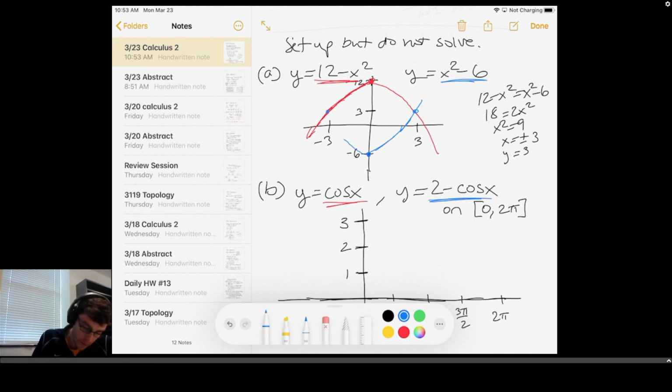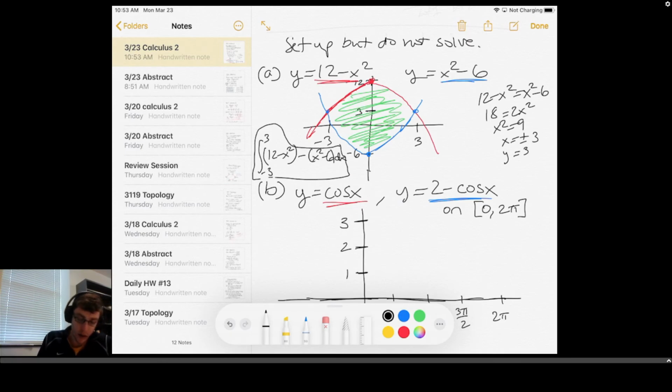So we get this nice picture, and our area is exactly this green stuff here. What's on top? It's the 12 minus x squared. So we're going from negative 3 to 3 of 12 minus x squared minus x squared minus 6. This would be our area there, top minus bottom.